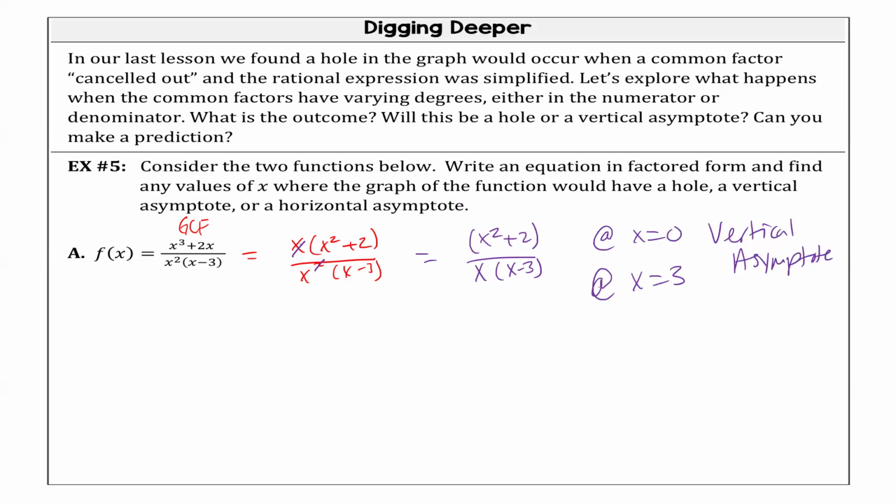Is there a zero? x equals the square root of negative 2. It'll be a -2. Can you take the square root of -2?